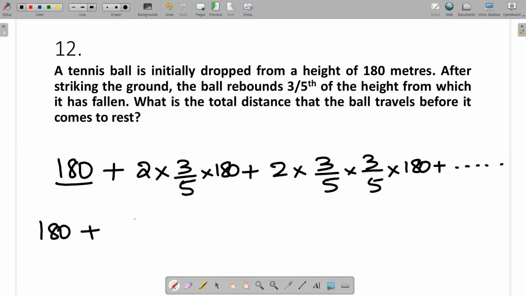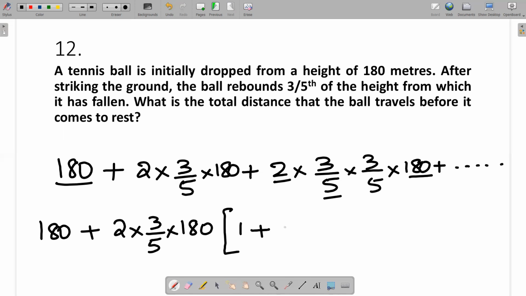Plus I'm going to pull out the common 2 into 3 by 5 into 180. After that I have 1 plus 3 by 5 plus 3 by 5 square plus 3 by 5 cube.